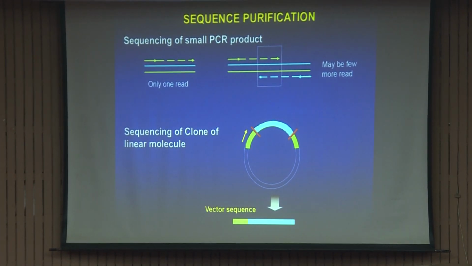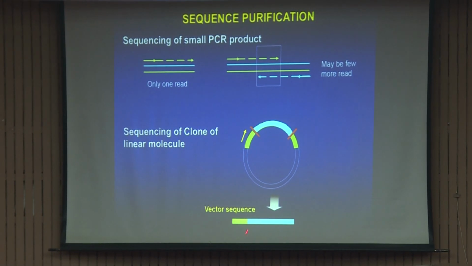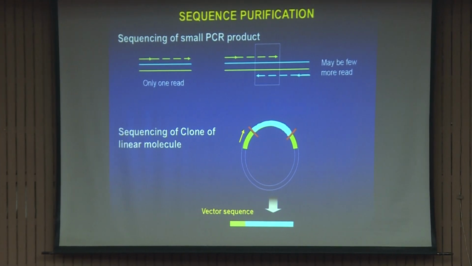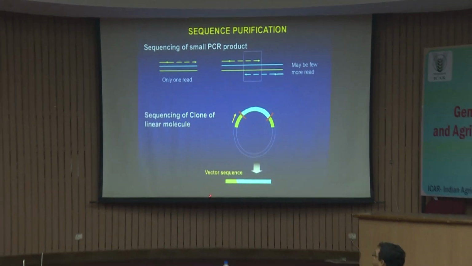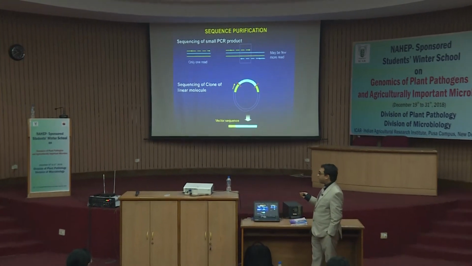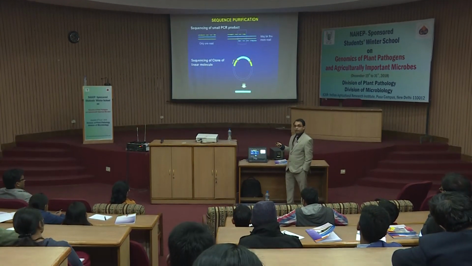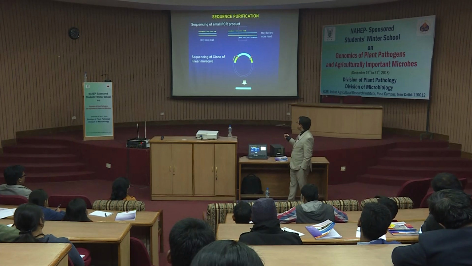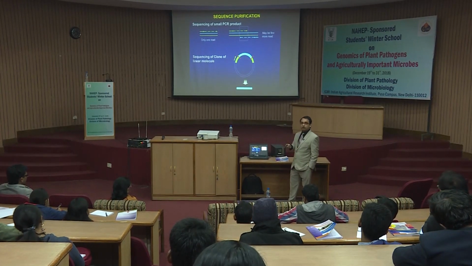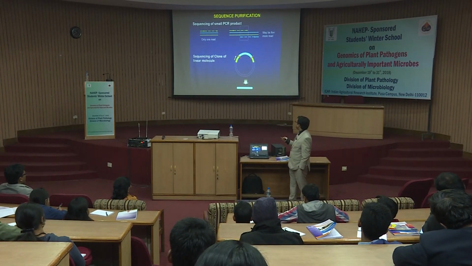It should not be done. Before submission, you should carefully check that there is no vector contamination. So, for that you have to remove the vector sequence from your sequence, and then this is the purified sequence on which you can do analysis or any other things.